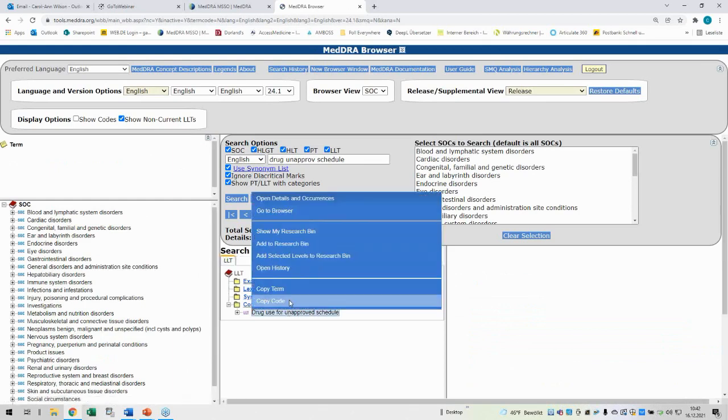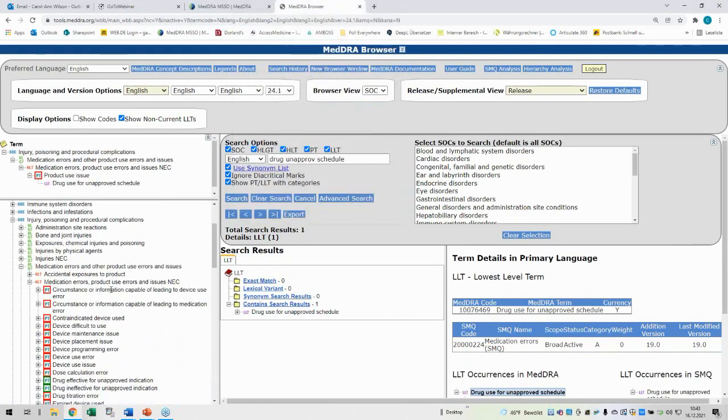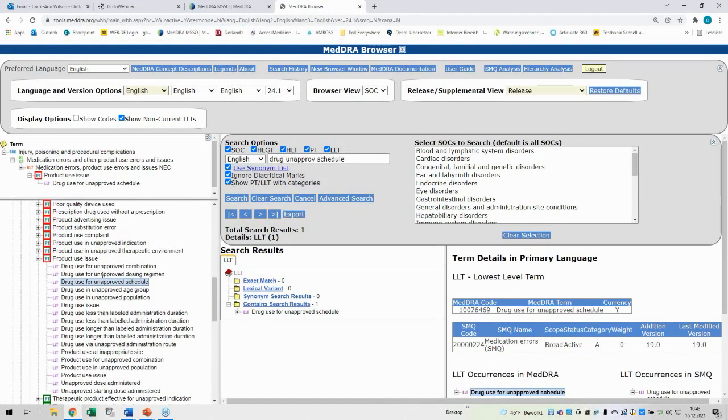Here we are, drug use for unapproved schedule, go to browser. It's again grouped under this NEC term. It's considered a product use issue, but it doesn't capture the fact that the drug was actually administered to the patient. What about drug dose administration interval too short?